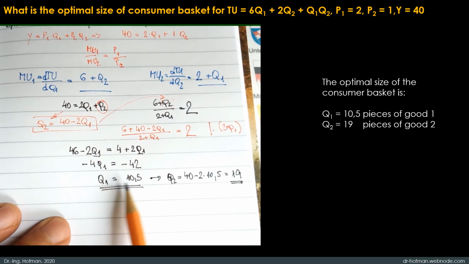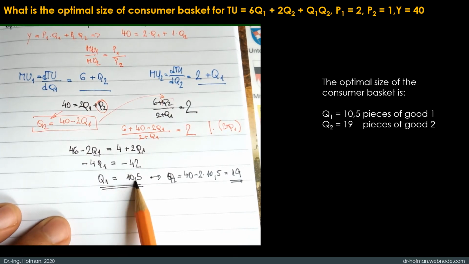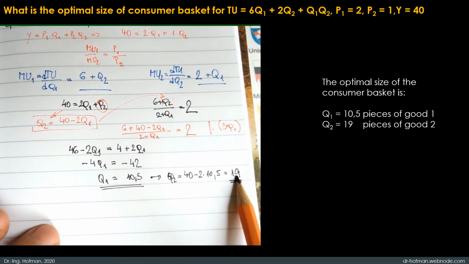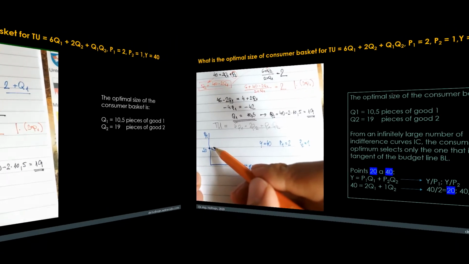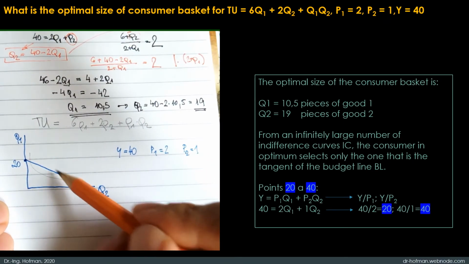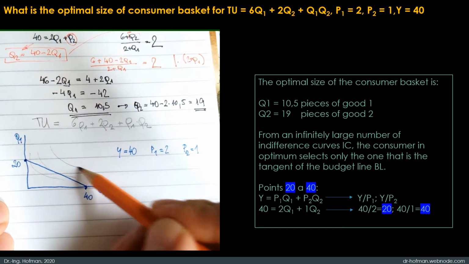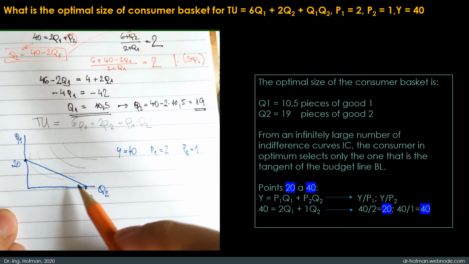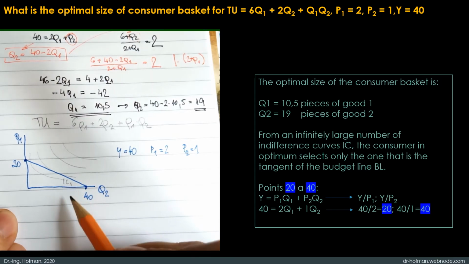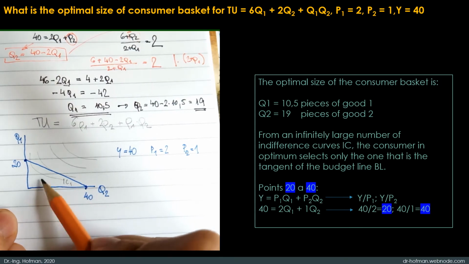Interpretation: if the consumer consumes 10.5 units of good 1 and 19 units of good 2, he is in the optimum. We draw 4 of an infinite number of IC curves. IC1 is not the optimal choice because I have 4 more units of goods.